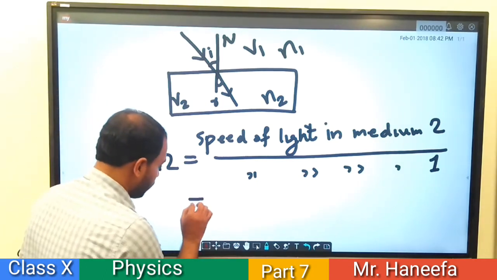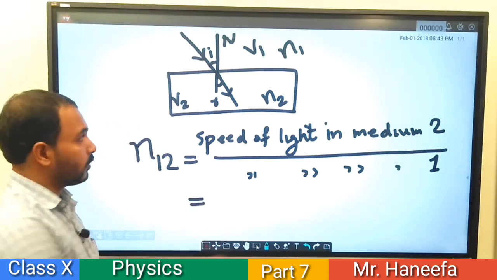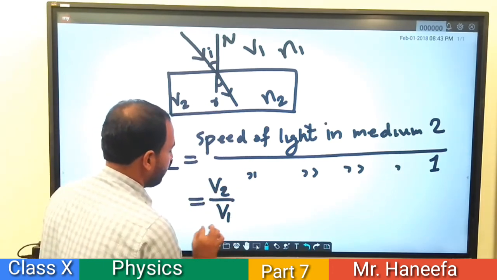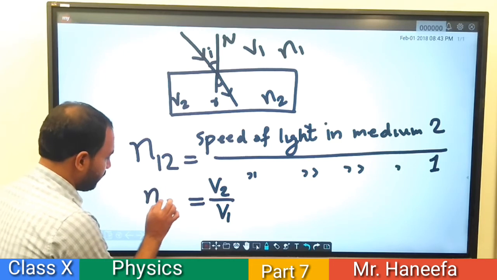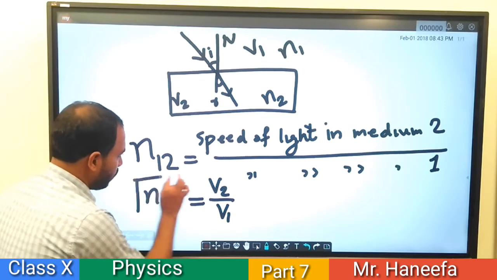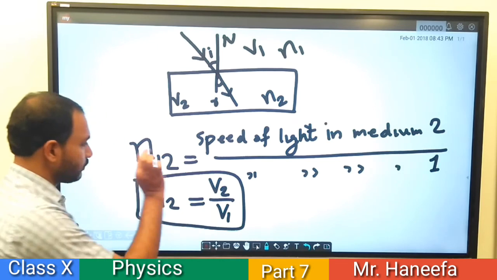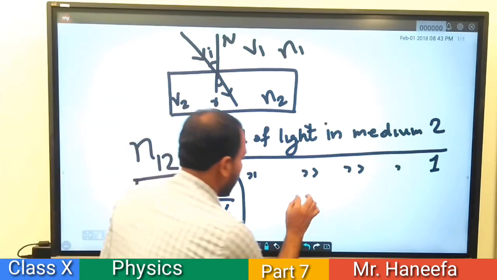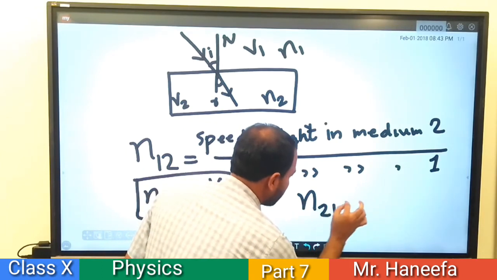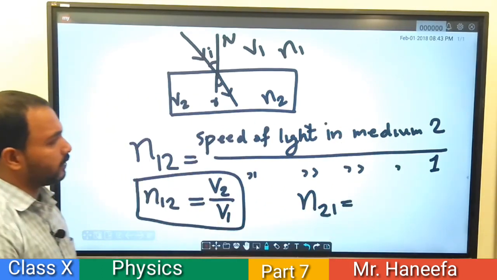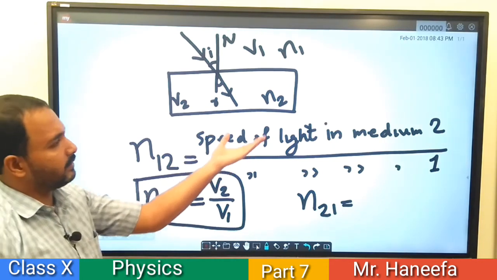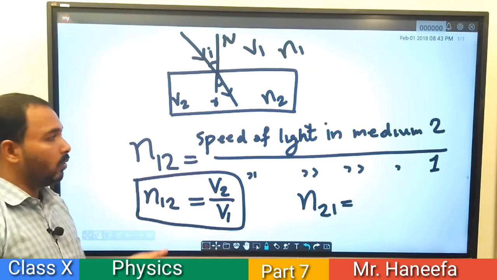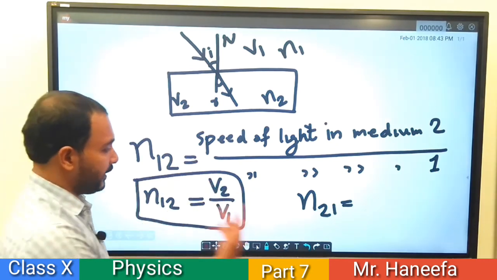What is n12? The refractive index of the first medium with respect to the second medium. What is its equation? It is equal to the speed of light in medium 2 divided by the speed of light in medium 1. That is v2 divided by v1. So we can write n12 equal to v2 by v1. Similarly, n21 equals the speed of light in medium 1 divided by the speed of light in medium 2.